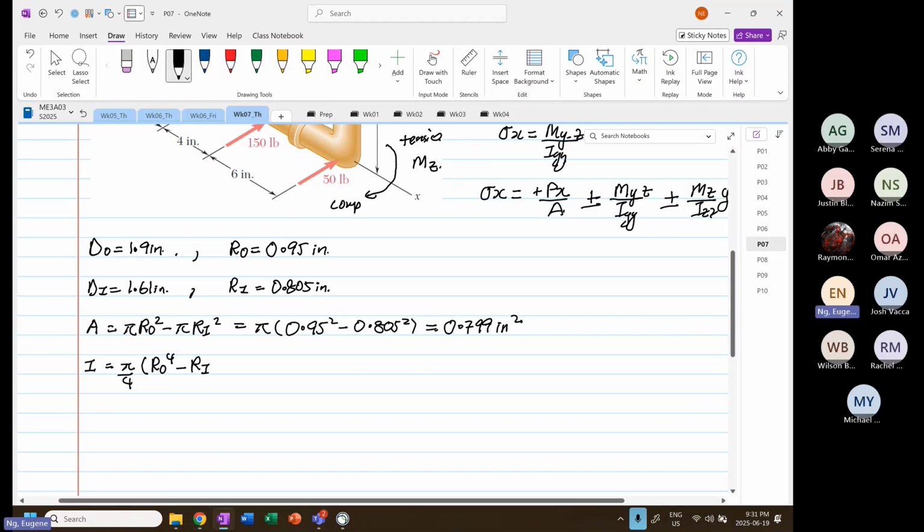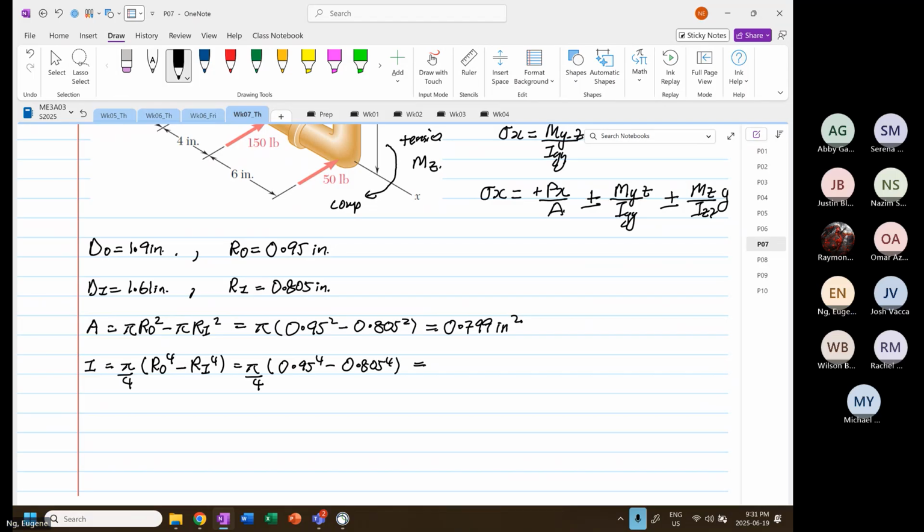So pi over 4 multiplied by 0.95 to the power 4 minus 0.805 to the power 4.